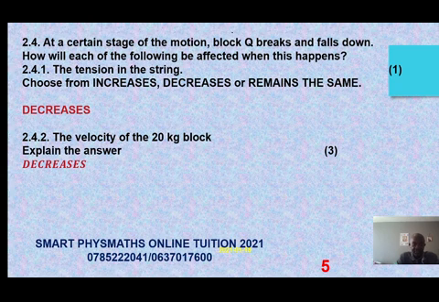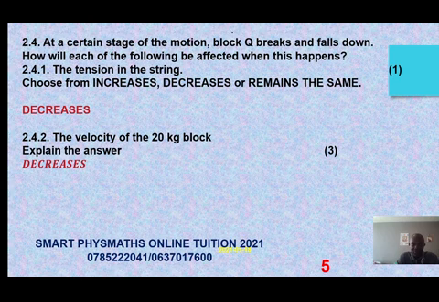You remember in grade 11 we talked about Newton's second law of motion, and we know that if a net force acts on a body, the body will accelerate in the direction of the net force. And the acceleration is directly proportional to the net force.